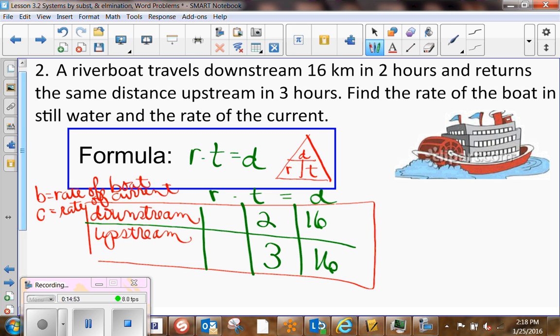So, what have we in rate? Okay, let's think about this. If you're going downstream, is that going to make your speed faster or slower? Faster. So the rate of the boat in still water, plus the rate of the current, makes it go faster, right? So this is going to be the rate of the boat plus the rate of the current going down.